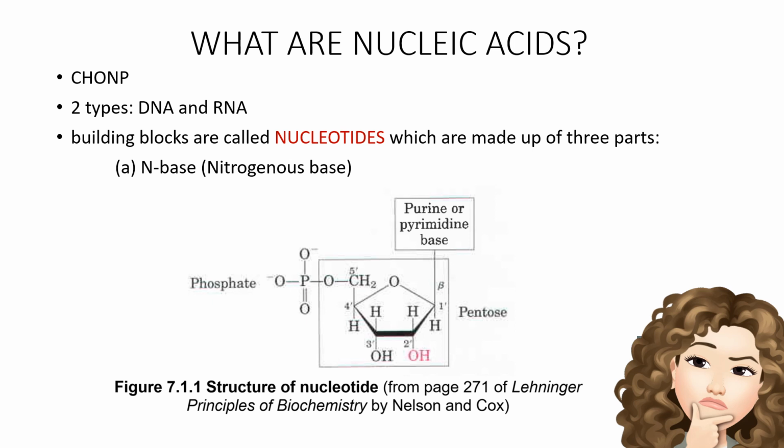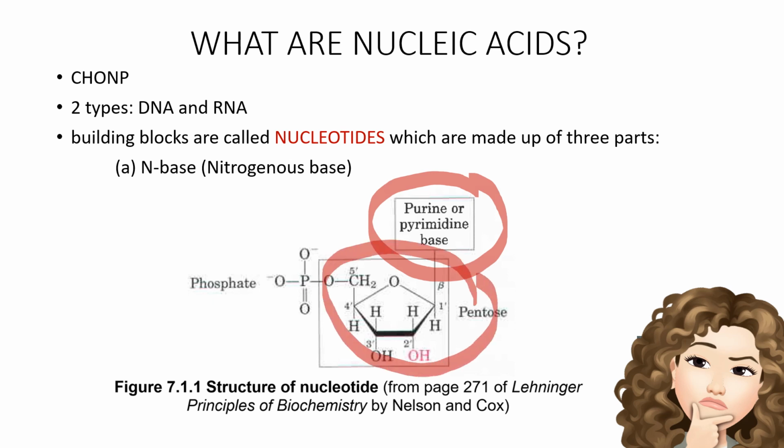These are made up of nucleotides. And nucleotides are made up of three parts. We have our nitrogenous bases, our sugars or the sweet side, and the phosphate group, which is the sour side.